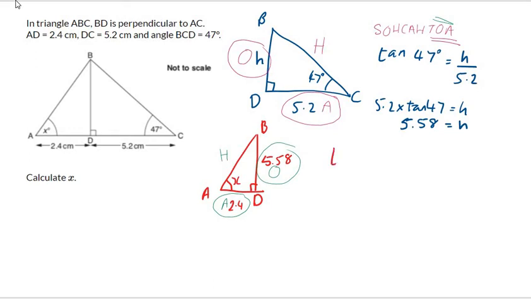Okay, so we'll write down the equation. So tan of our angle is equal to the opposite, which is 5.58, over the adjacent. Okay, so to get X on its own, we need to inverse tan. So undoing the tan.